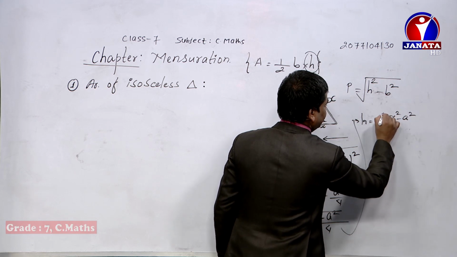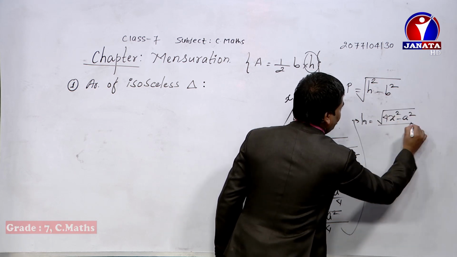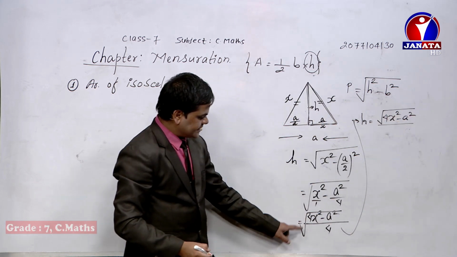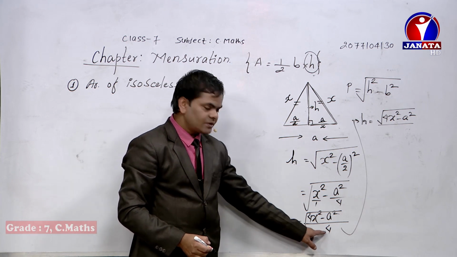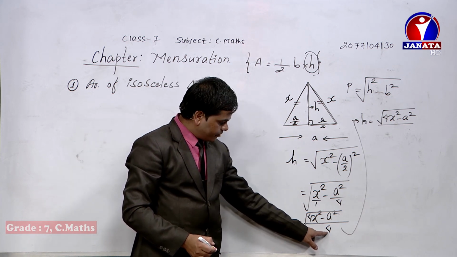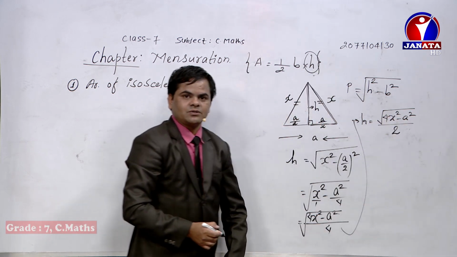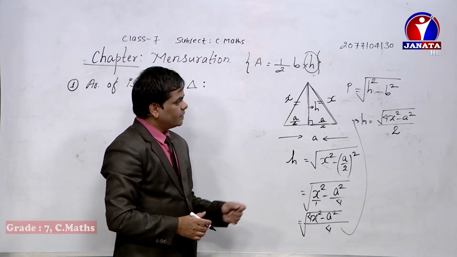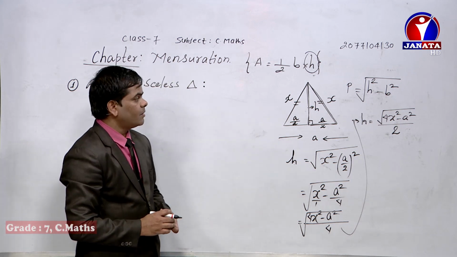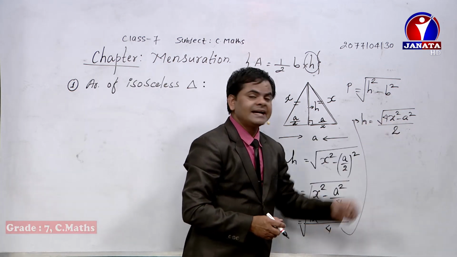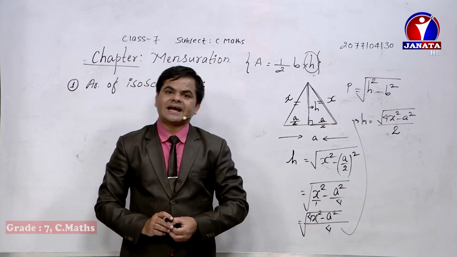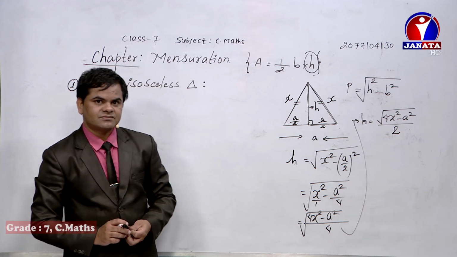The root under cannot be cancelled, so it remains like this. But in the denominator, the root under 4 equals 2. Now we got the value of h in terms of x and a. x and a represent the sides of the isosceles triangle.